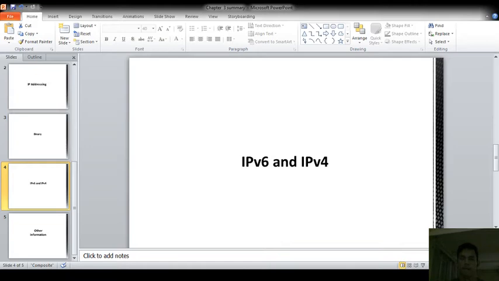The DHCP server provides an IPv4 address, the subnet mask, the default gateway, and other configuration information.